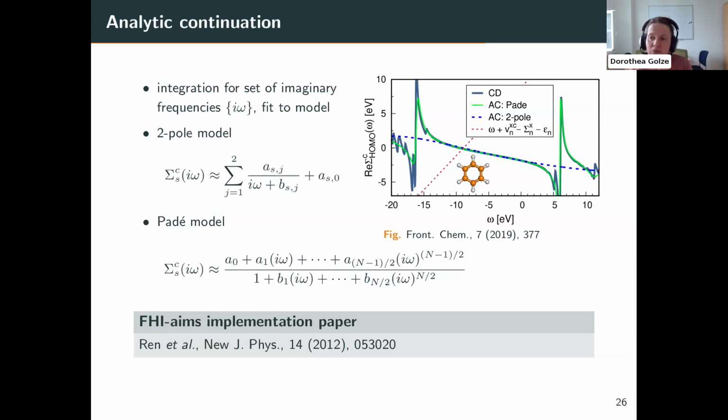But for valence states it's usually fine, and then I would use Padé if available. Two-pole, as you see here, is not bad, so it still averages through. It's more that if your pole is too close by, you could deviate more. And contour deformation is really stable, so there's no issue at all.